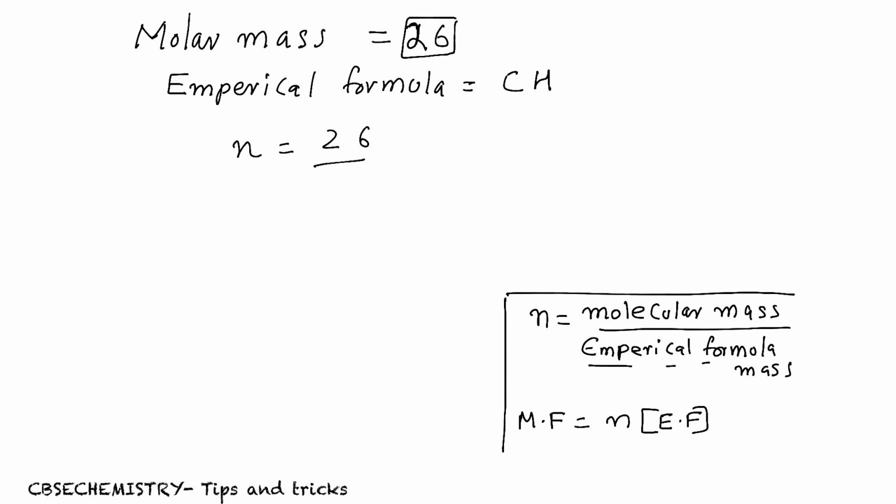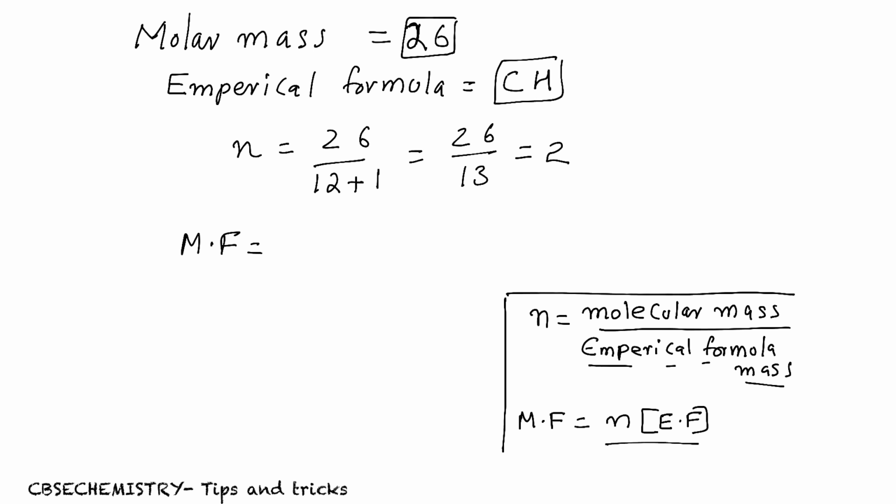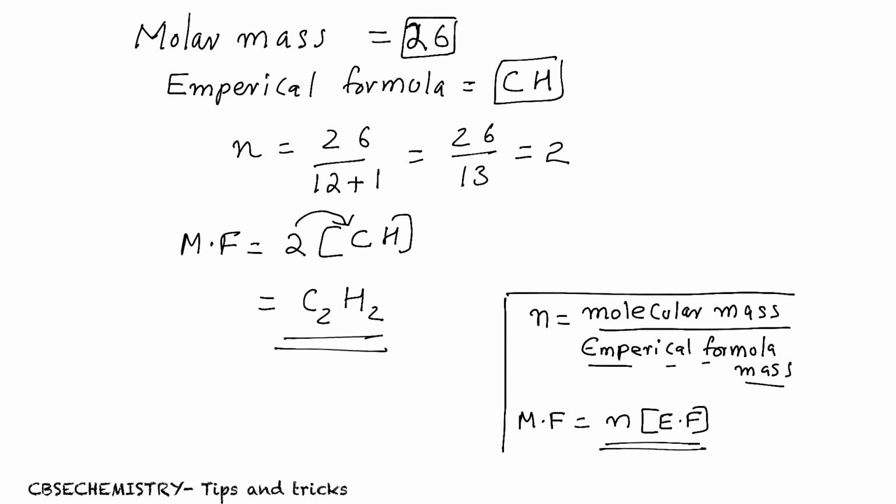From CH, carbon is 12 and hydrogen is 1, so 26 by 13, you will get 2. Now our final step: molecular formula is N times, so 2 times the empirical formula CH. You can distribute it, so it becomes C2H2. So we got the molecular formula, that is C2H2. Hope all of you understand.